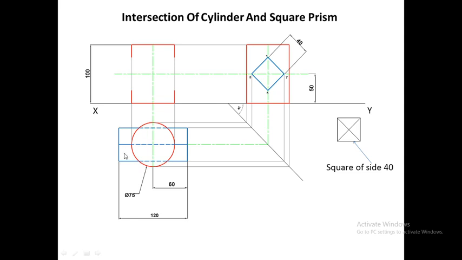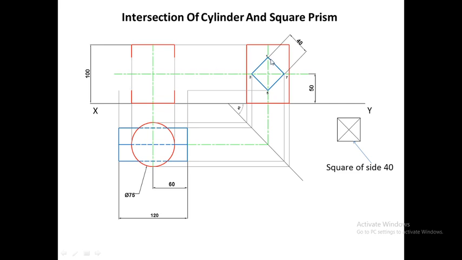Now we will project the front view. In order to project the front view, first we have to project the length 120 mm by projecting these two extreme lines in the front view. So we will project it. I have projected the length by drawing this line and this line. You just have to project in the vertical upward direction.